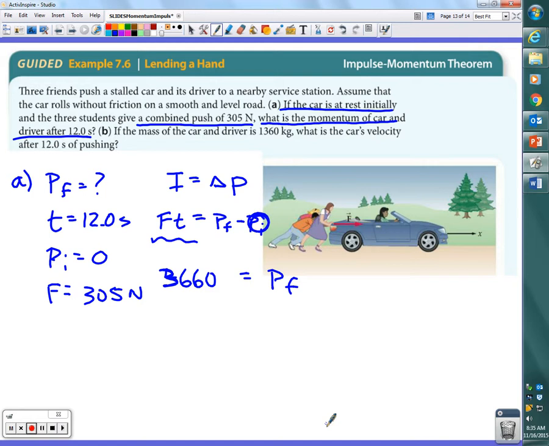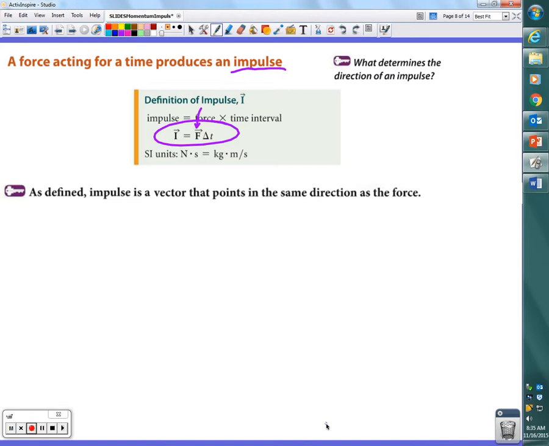Okay, so units for this. There's 2 ways we can go here. Force times time, the unit for force is newtons, the unit for time is seconds. Okay? So we can just go force times time like that. Or we know that newtons is actually its own derived unit.